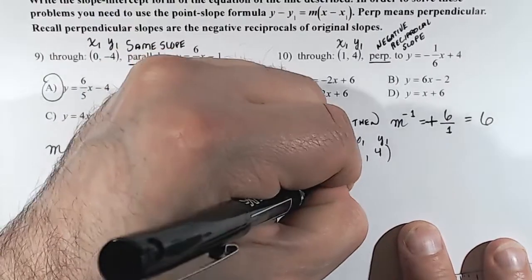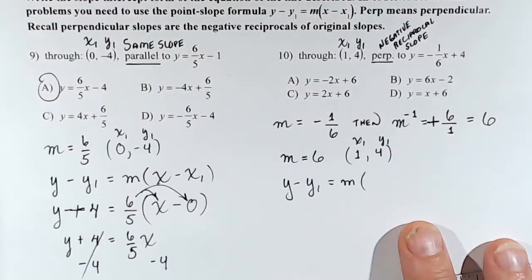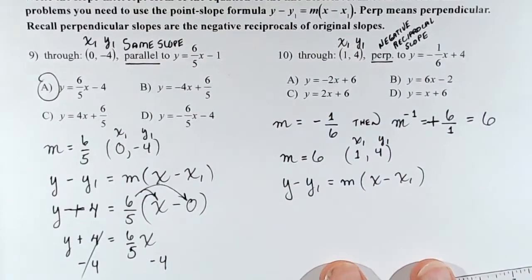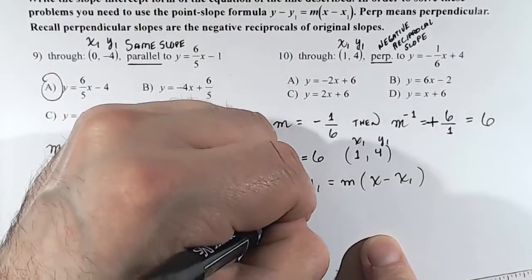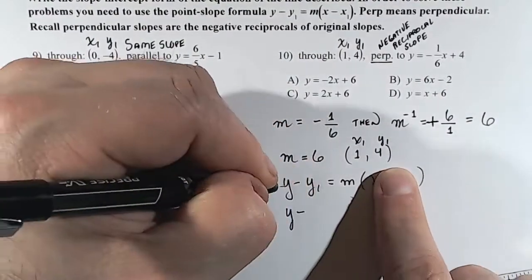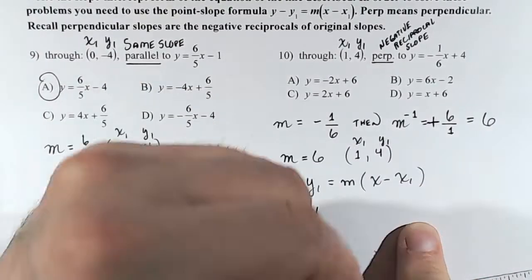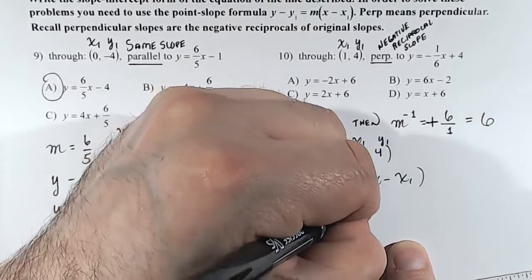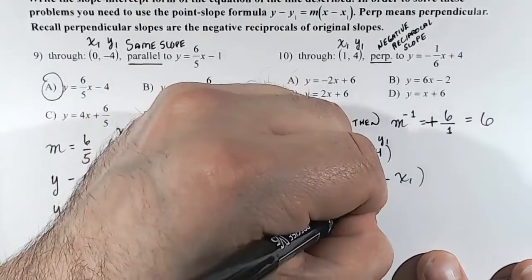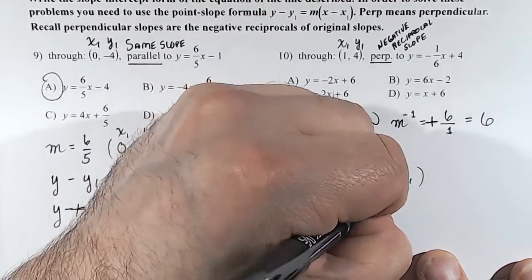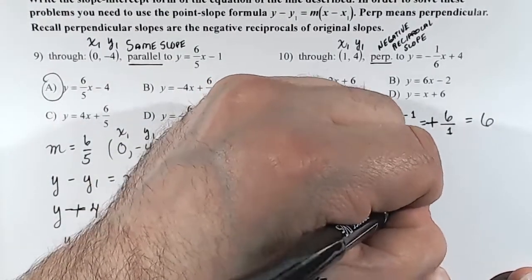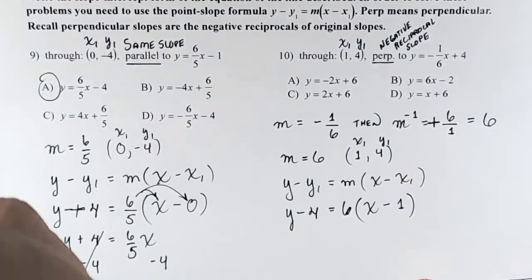Y minus y1 equals m x minus x1. And I just plug in my numbers. Y minus 4 is equal to not m, but 6, open parentheses, x minus x1, which is 1, close parentheses.